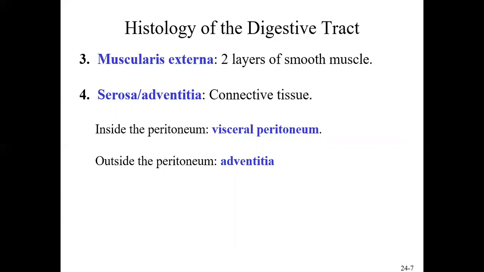If it's outside the peritoneum, then it would be referred to as an adventitia connective tissue layer. So if it's inside the peritoneum, it's called the visceral peritoneum. It's basically a serous type membrane. There are a few parts of the GI tract that are not part of this peritoneum serous membrane. So they still have connective tissue around it, but it's referred to as the adventitia layer.